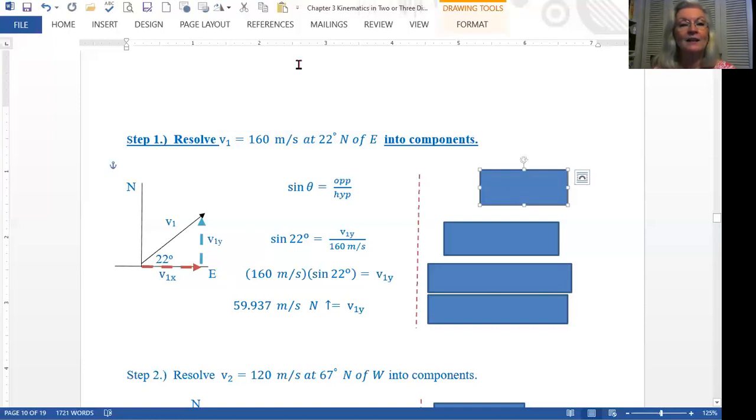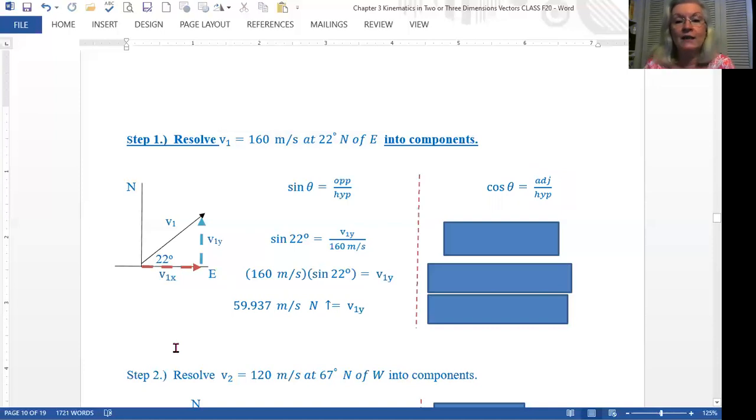All right. So if we've used sine, now we have to use cosine. So cosine is adjacent divided by hypotenuse. So theta is still 22 degrees, but the adjacent side is v1x.